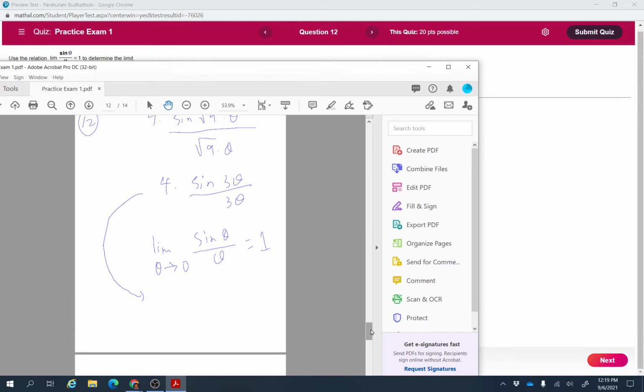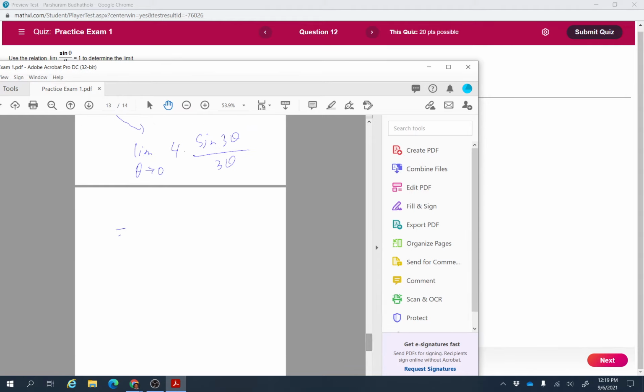So instead of saying limit as theta approaches 0 of 4 times sine 3 theta over 3 theta, we can also say this is actually the limit as 3 theta approaches 0 of 4 times sine 3 theta over 3 theta, right? When theta approaches 0, 3 times theta also approaches 0.